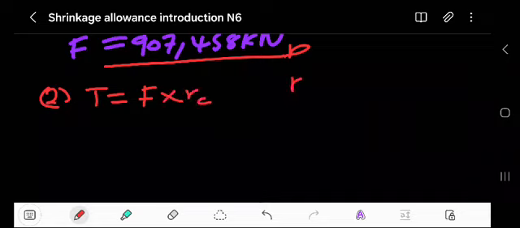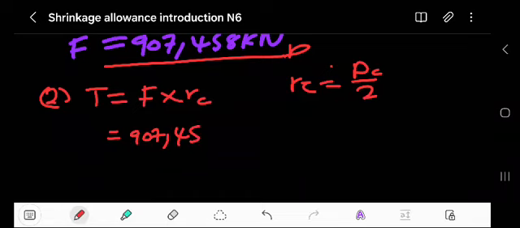Rc is equal to what? The diameter divided by 2. So the force we've just calculated is 907.458 kilonewton.